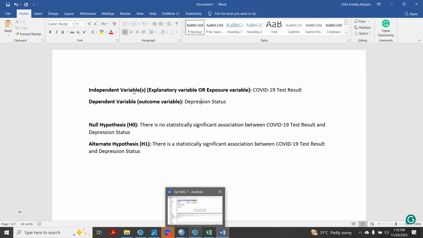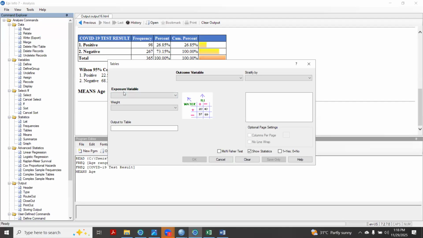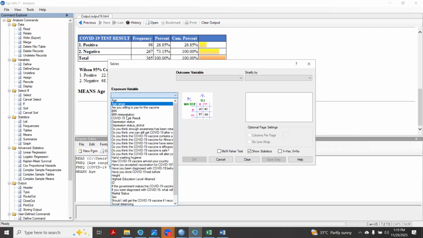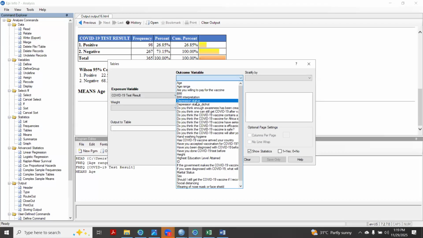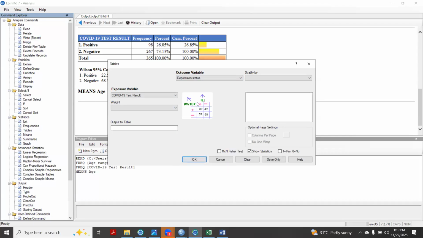All right, so let's progress. My exposure variable in this case is the COVID-19 test result. Then the outcome variable, which is the dependent variable, is the depression status, the dichotomous one, the one I have broken down into two values.